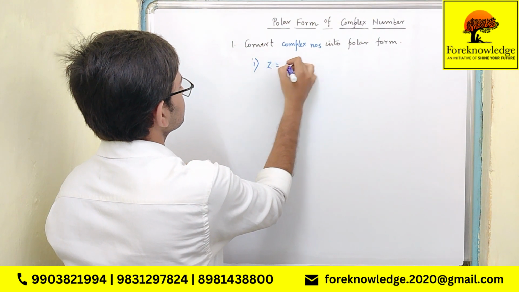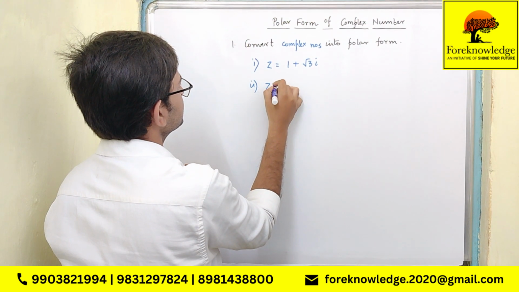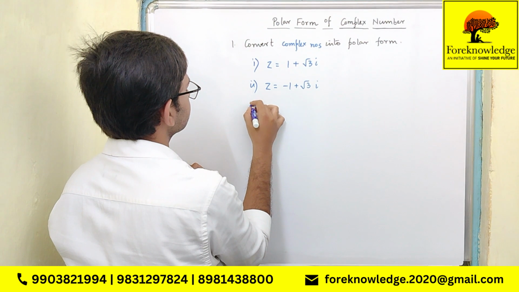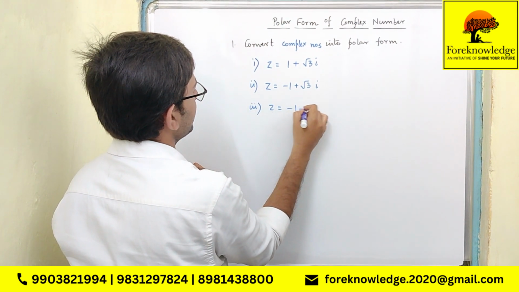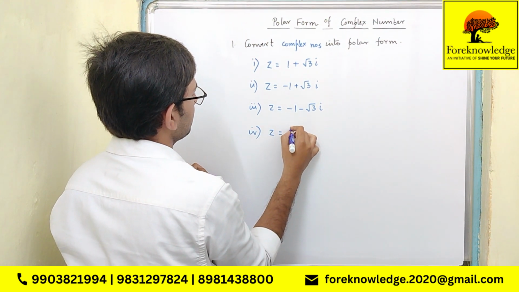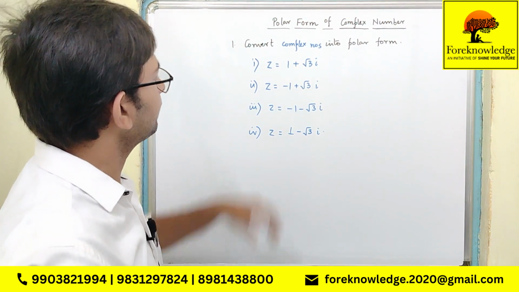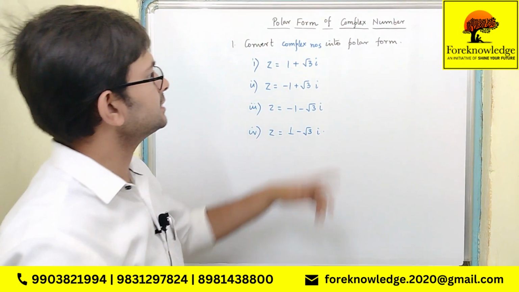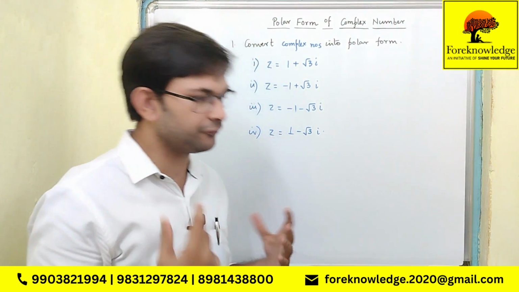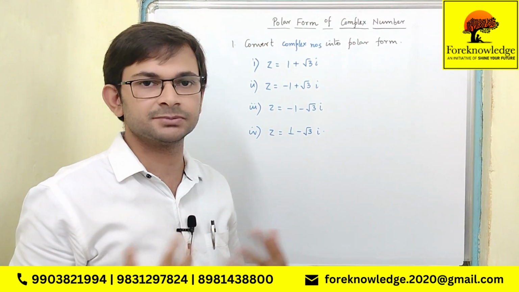Number 1, z is 1 plus root 3i. Number 2, z is minus 1 plus root 3i. Minus 1 minus root 3i. 1 minus root 3i. You have to convert these 4 complex numbers into polar form. That is your assignment. So first you need to find the modulus and then go for the principal argument.